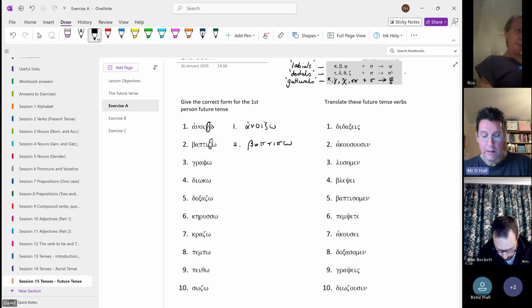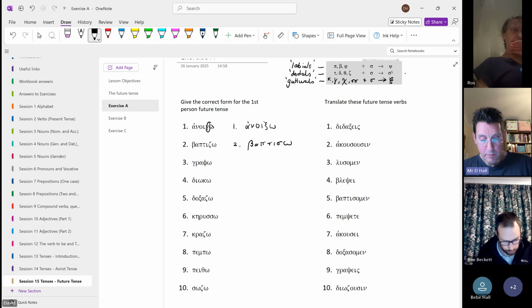And that's how we distinguish between whether we're looking at I am baptizing, which is the starting word, and I will baptize, and it's actually only distinguished by the change there from the zeta to a sigma.